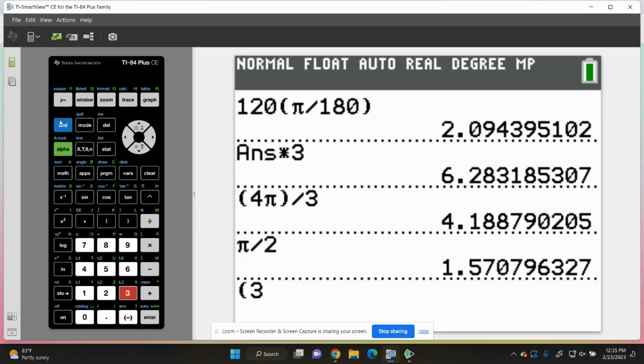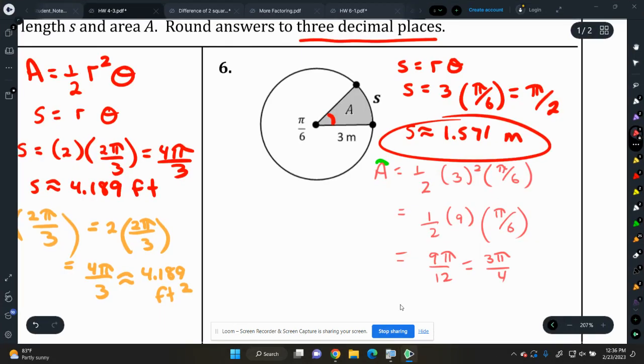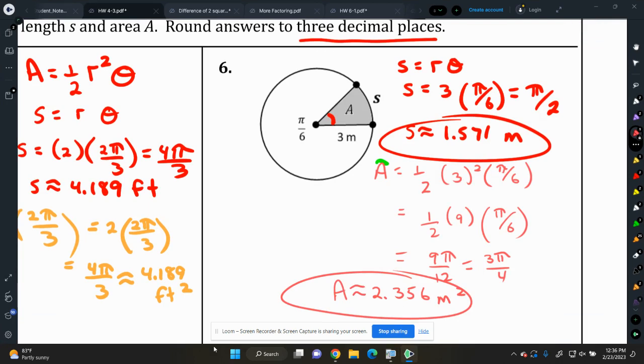Okay, 3 pi over 4, 2.356. Area is approximately 2.356 square meters. Okay? You good? You guys all got this?